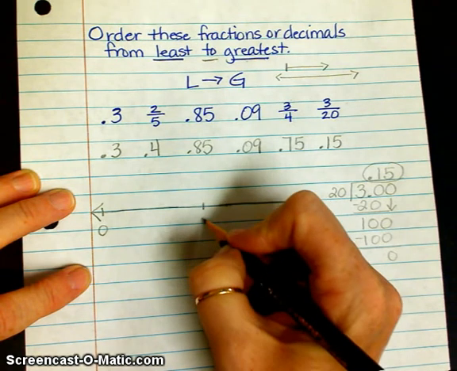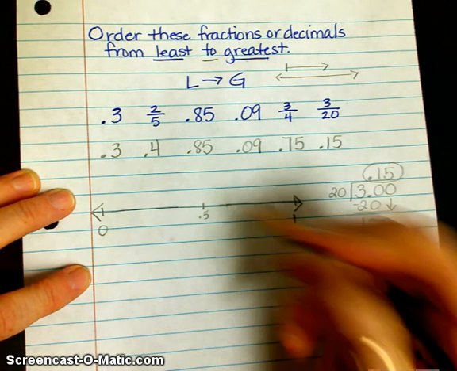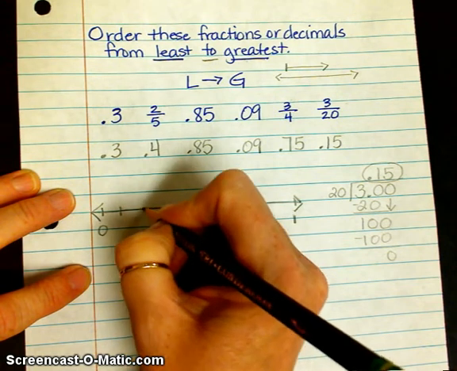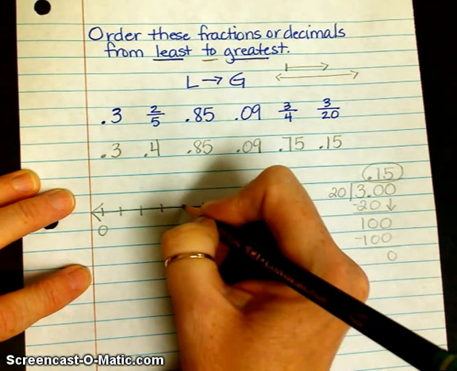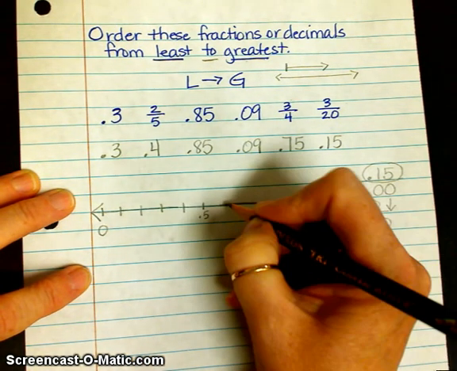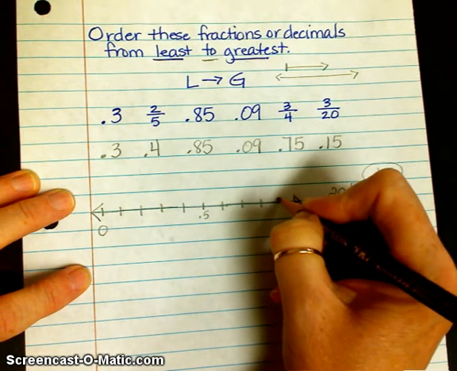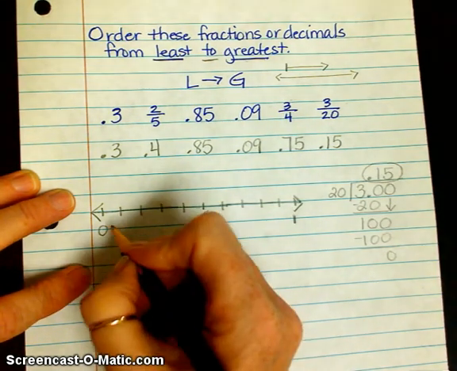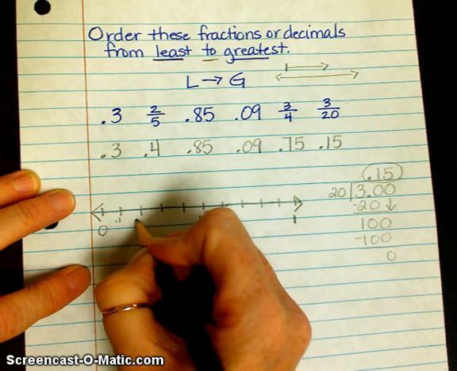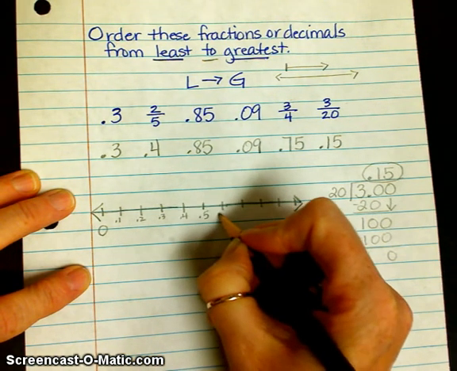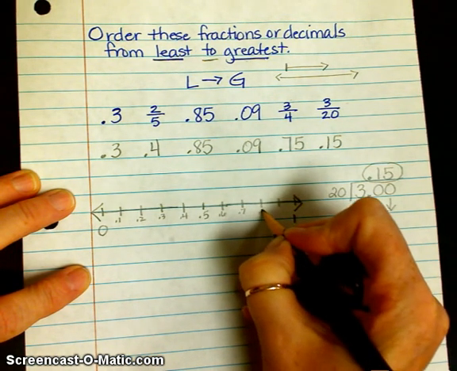I know that 0.5 is in the middle, so now I just have to label the rest of them. 0.1, 0.2, 0.3, 0.4, 0.5, 0.6, 0.7, 0.8, 0.9, and 1. And then go ahead, just so that we don't have any confusion, label them so you'll know exactly where to plot the points as you go.